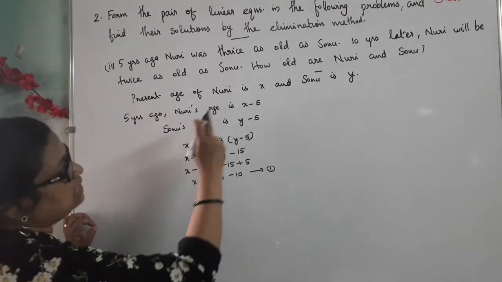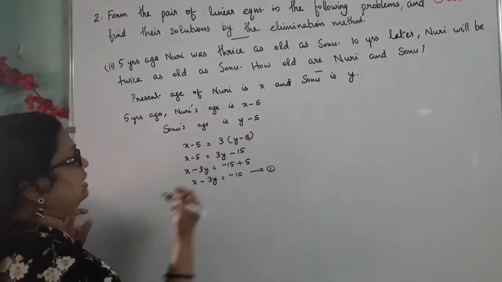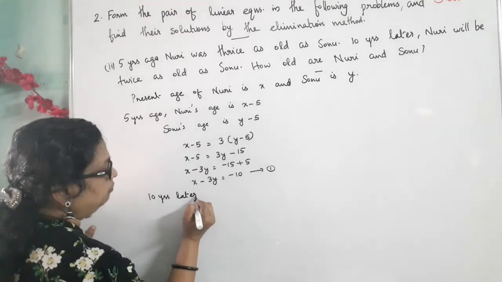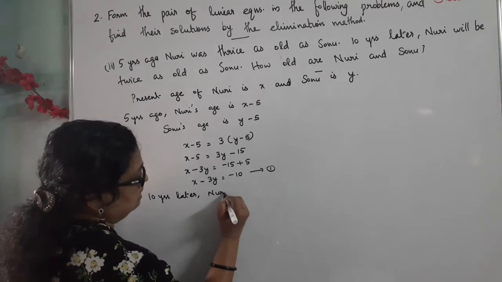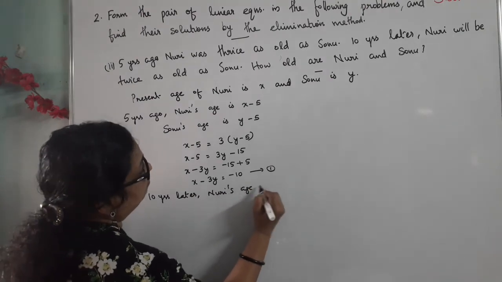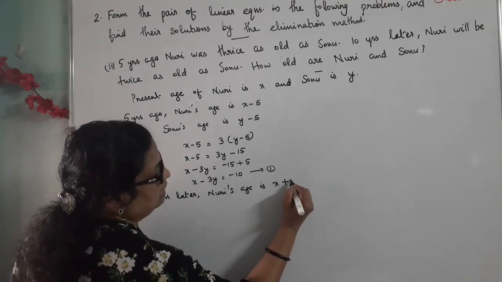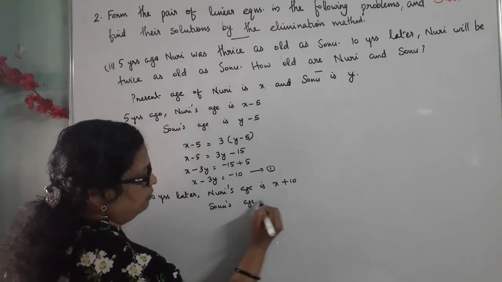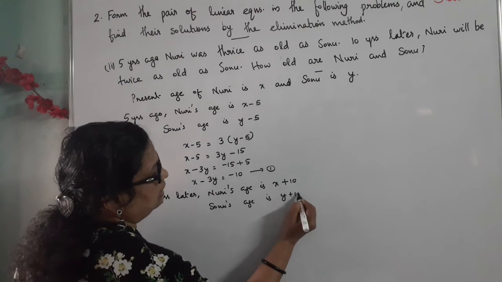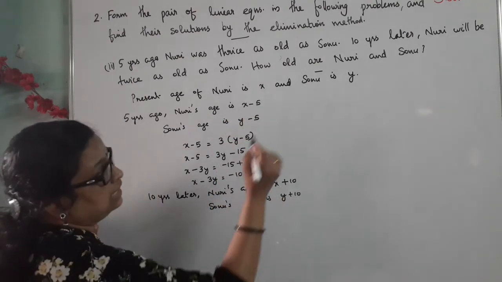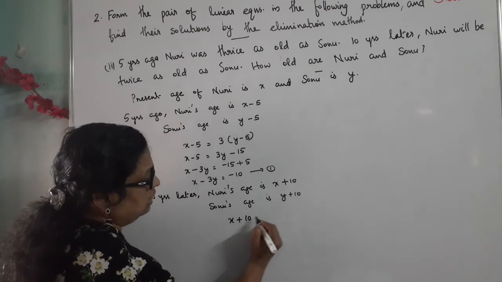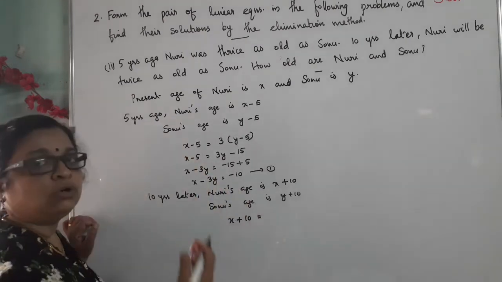The next condition, 10 years later, Nuri's age is x plus 10 and Sonu's age is y plus 10. Then the condition is 10 years later Nuri will be, that is x plus 10 is equal to twice as old as Sonu.